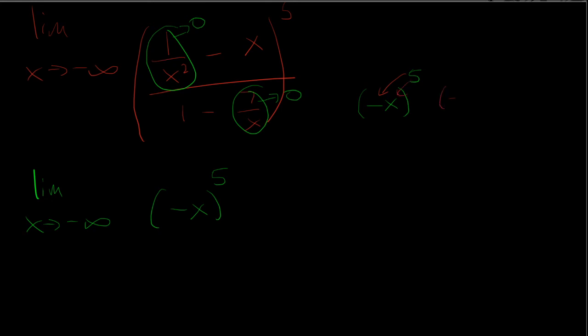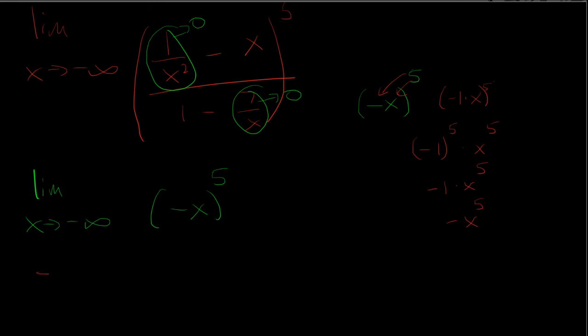So you can think of this as negative 1 times x to the 5th, which will break it up to negative 1 to the 5th times x to the 5th. And negative 1 to an odd power would just give us a negative. So this will just be negative 1 times x to the 5th, which is negative x to the 5th.